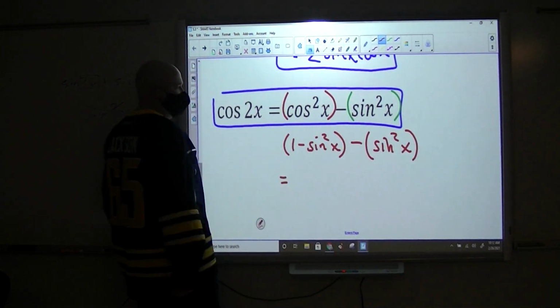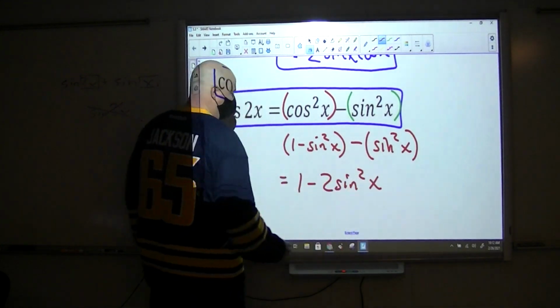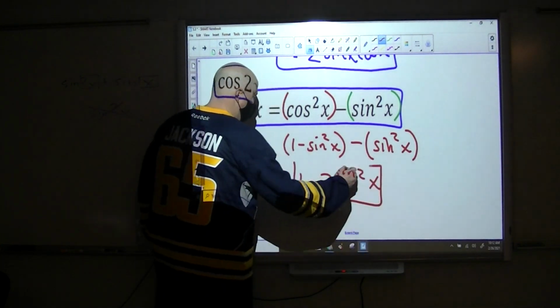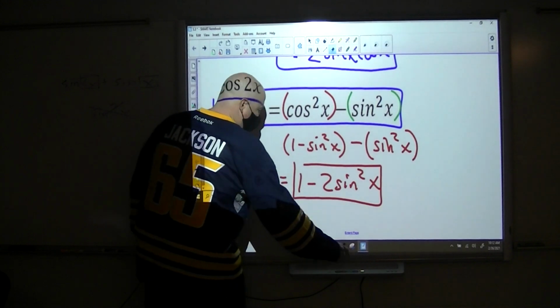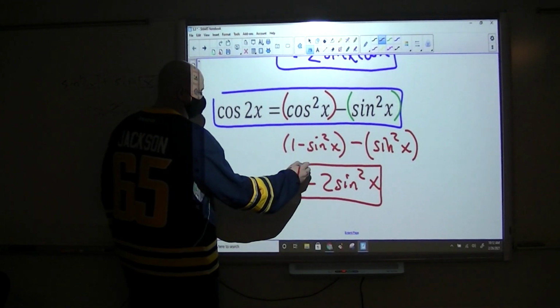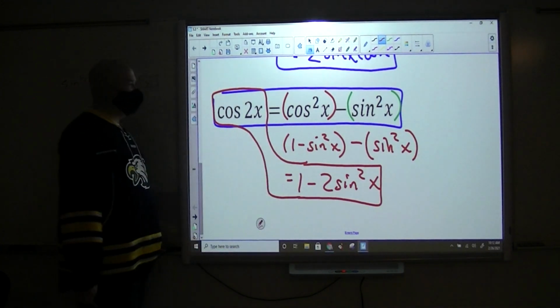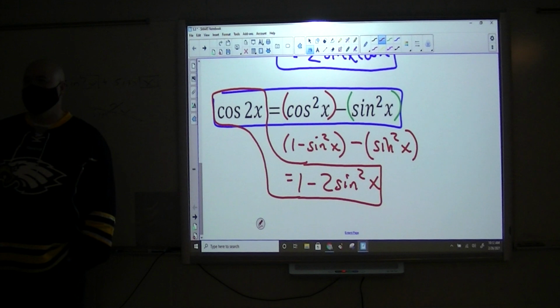So a different representation of this would be 1 minus 2 sine squared x. So this is also equal to cosine 2x.